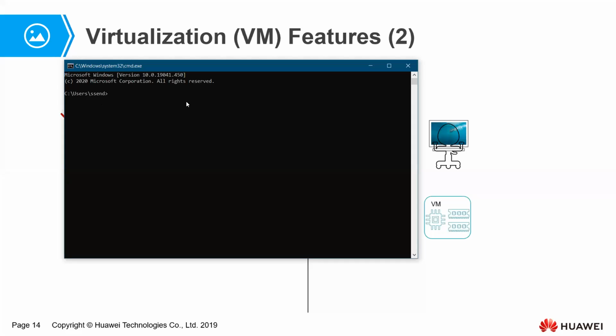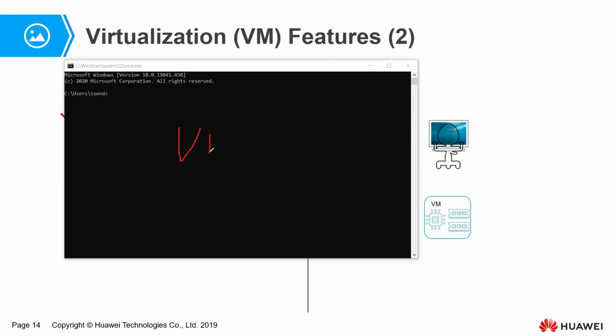That's why each vendor provides a console management function for their virtual machines, where you can use a remote console, which is used by VMware. Huawei and KVM use a terminal called VNC. Take note of that.